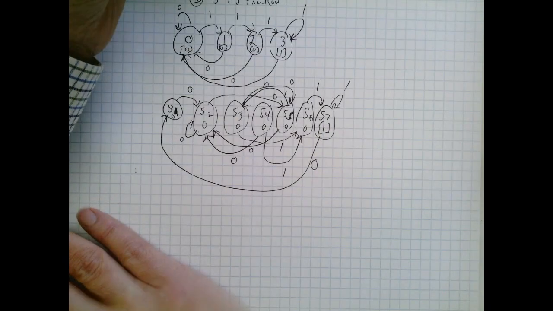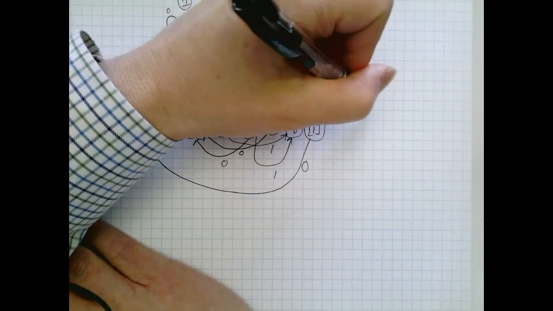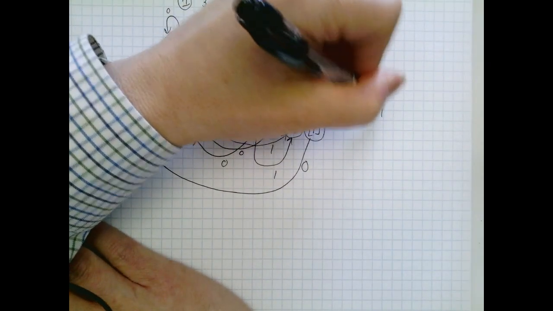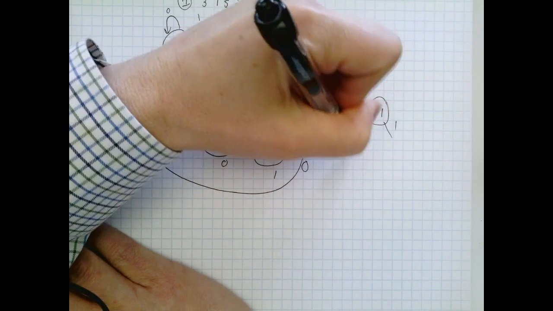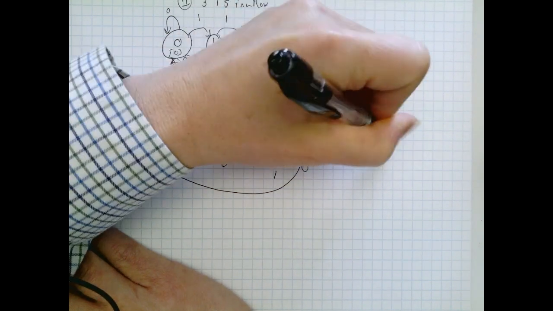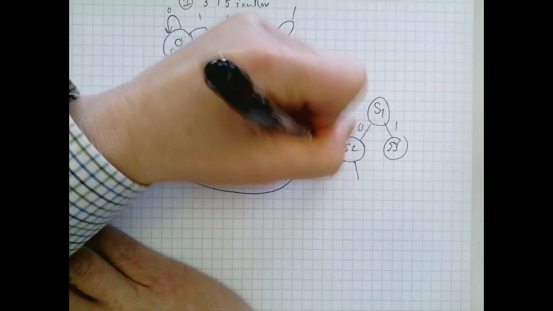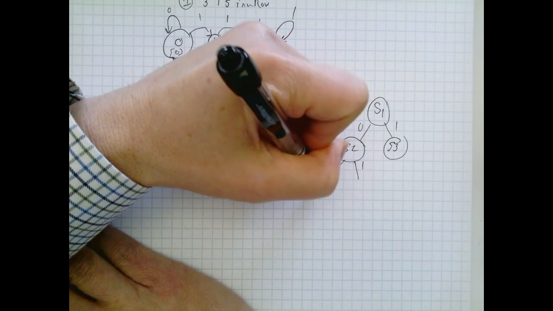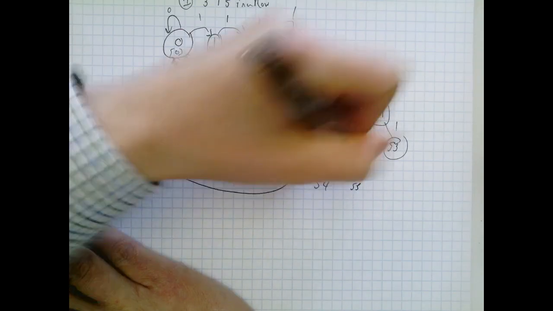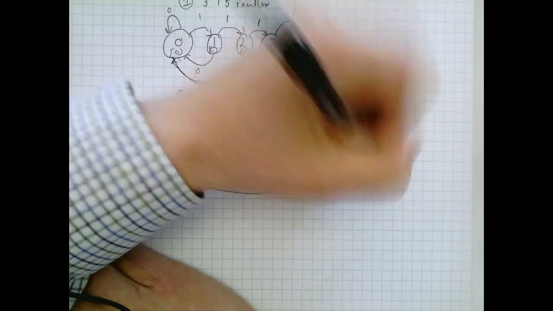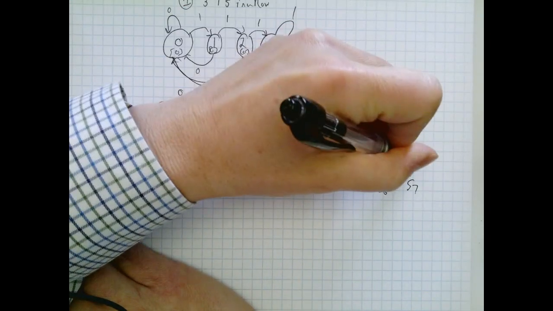So, not to put too fine a point on it, but if you were to write this out as a binary tree as shown in the book, S1 can be either a 0 or a 1. S2 and S3 can output either 0 or 1. S4, S5, S6, and S7, 0 and 1.